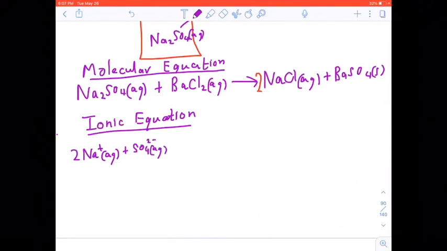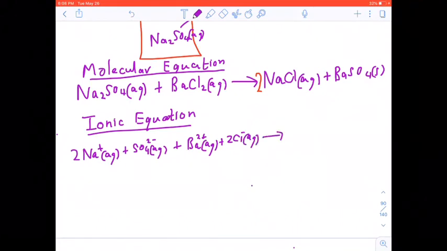Charges balanced, so we got 2 Na, so it's 2 positive, and sulfate 2 negative, so that balances, plus Ba2+ aqueous plus 2 Cl- aqueous. Correct.